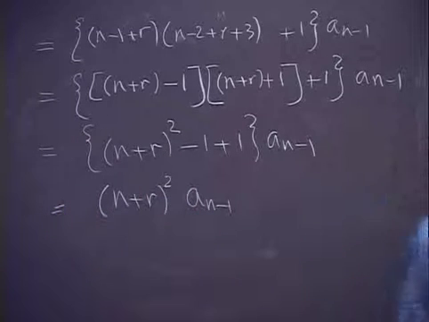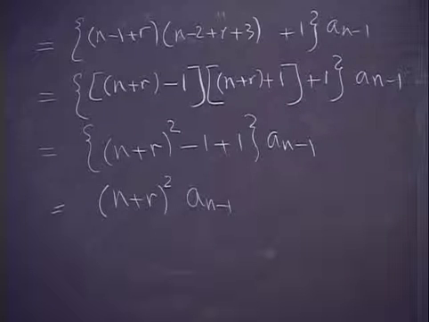And actually there is a step between this and this: (n plus r) multiplied by (n plus r minus 1) multiplied by a_n is equal to the remaining three terms.